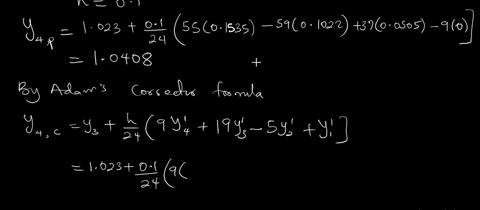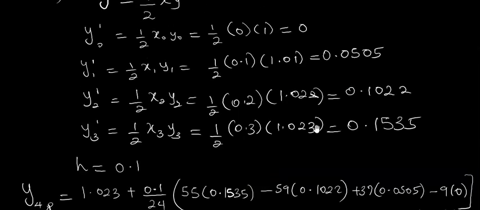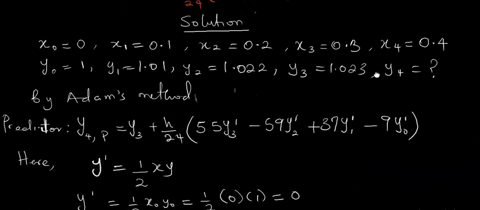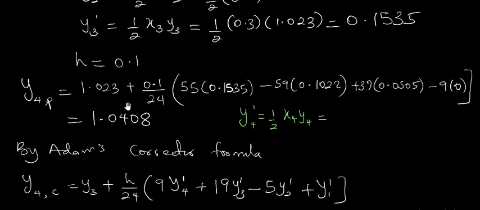Let me use this one. So Y4 prime is going to be half X4 Y4. Of course, we already have our X4, which is 0.4. Now this Y4 is the predicted value, which is going to give us 1/2 times 0.4 times 1.0408.